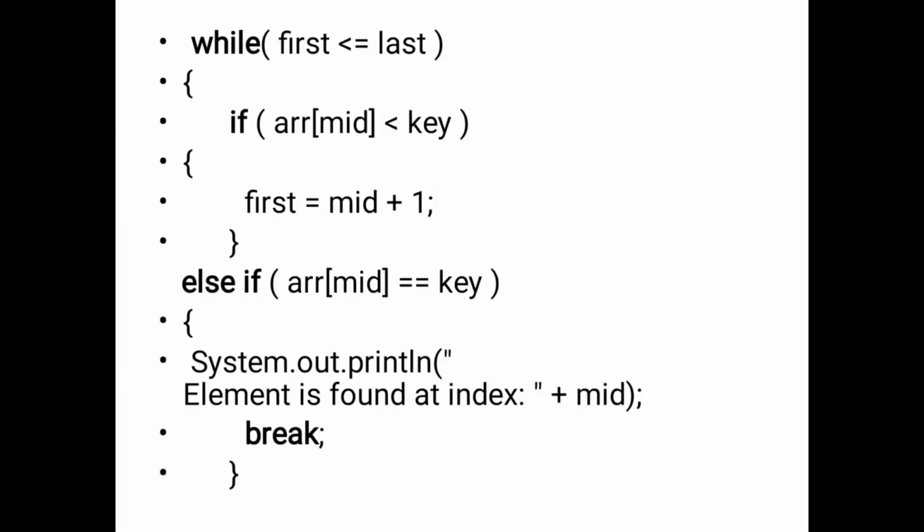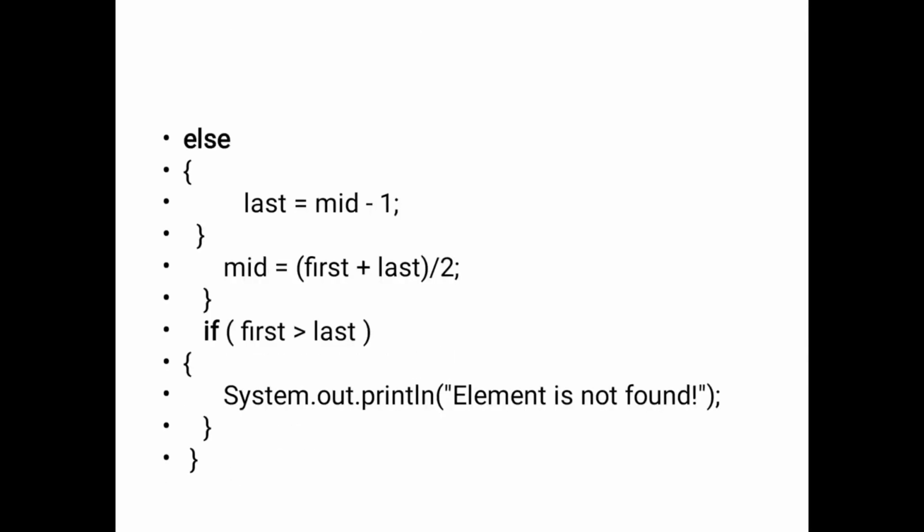Then it will generate the output, element is found at index, the middle position 2. It will generate the output as element found at index 2 for this binary search procedure.